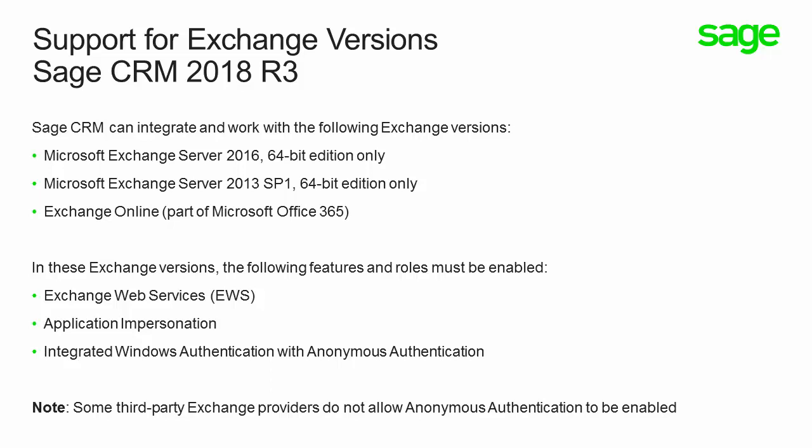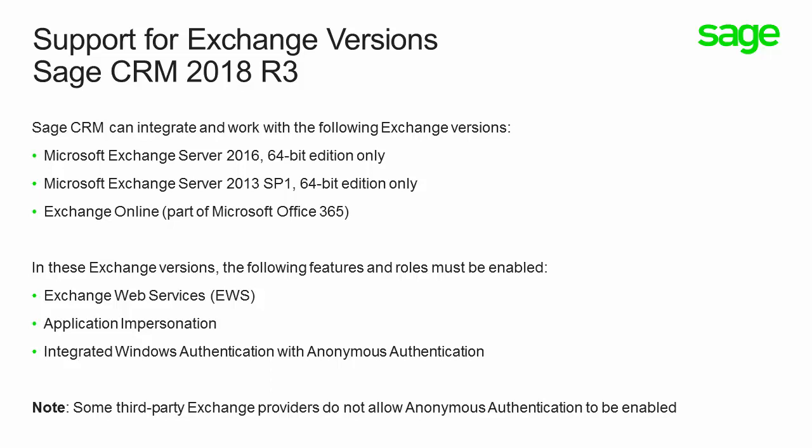We also need to use a user that has rights over impersonation, that is able to carry out tasks, so we have to log on as an Exchange user through the web services, and that user has to be able to perform interactions with other people's mailboxes, creating tasks and appointments on their behalf. And we also need to be able to provide the credentials for that process, and that has to use anonymous authentication.